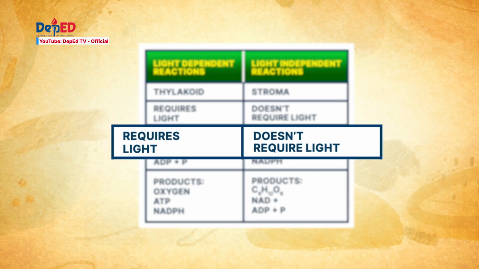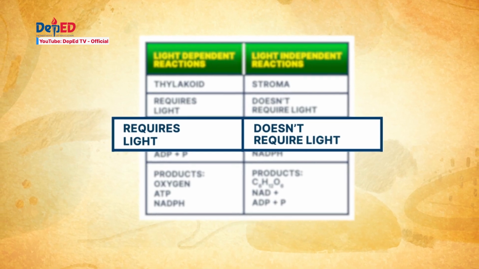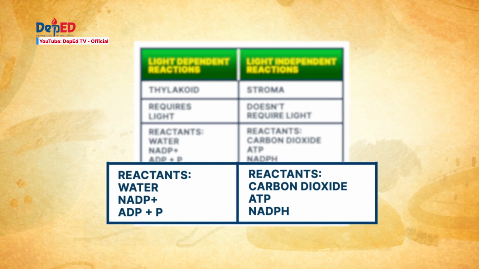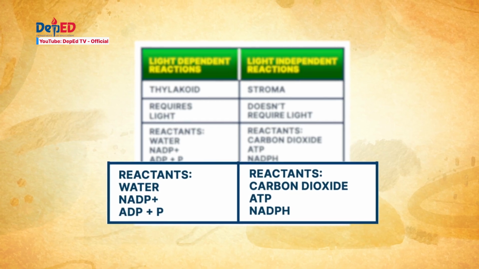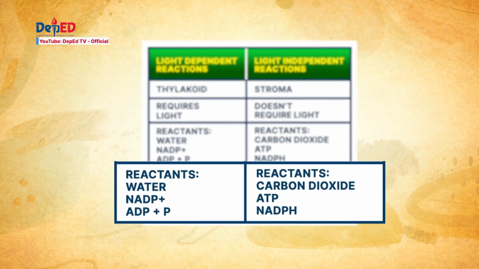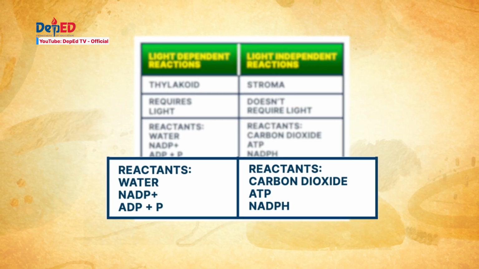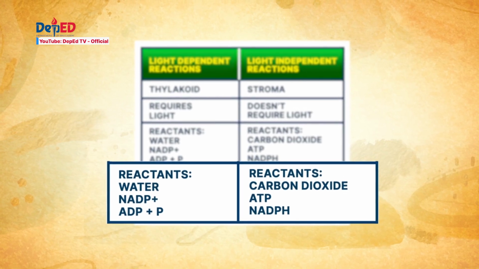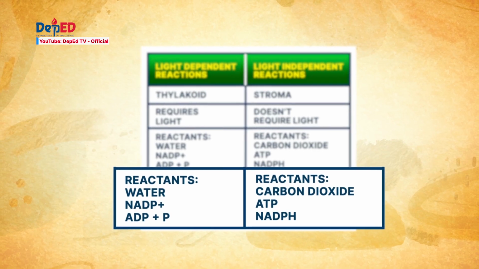The reactants for the light-dependent reactions are water, NADP+, and ADP plus phosphorus, while the reactants for light-independent reactions are carbon dioxide, ATP, and NADPH.